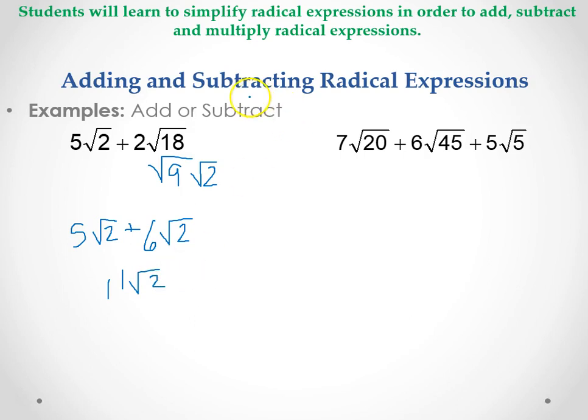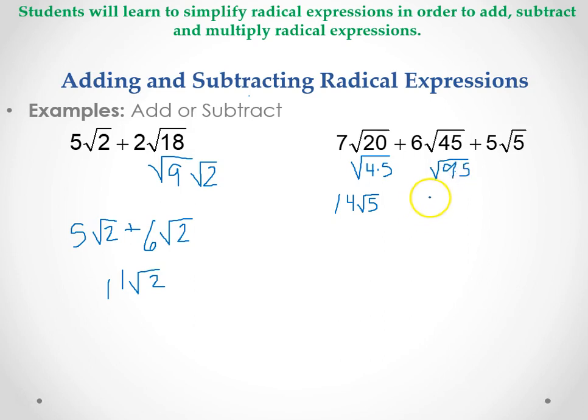Okay, looking at the next one, we have 7 and the square root of 20. Well, we can break down the square root of 20 because it's the square root of 4 times 5. The square root of 4 is 2. 2 times 7 is 14, so we have 14 square roots of 5. Then we have the 6 times the square root of 45, which we can break down because that's really 9 times 5.